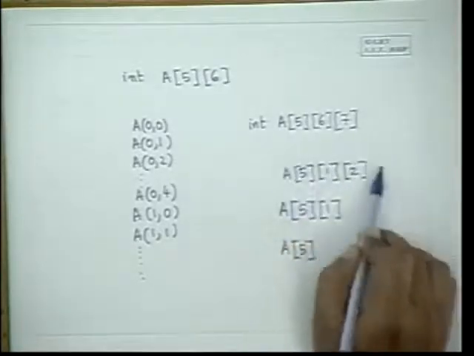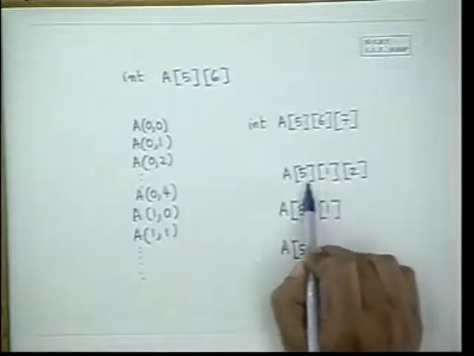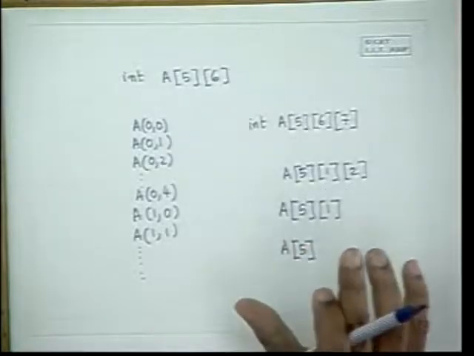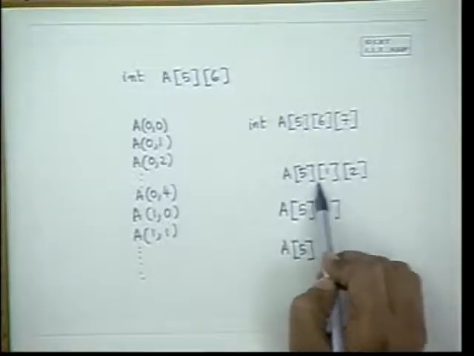So you look at it as a cube, and inside this cube you have got subcubes. This 3-dimensional array is of 5 elements. Each element is a 2-dimensional array like this.